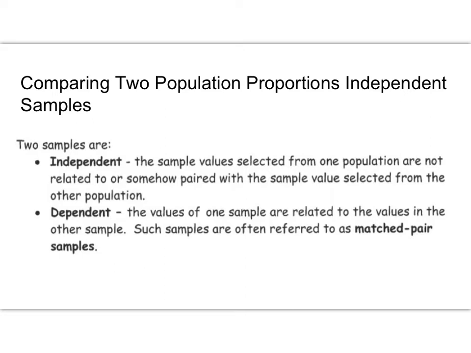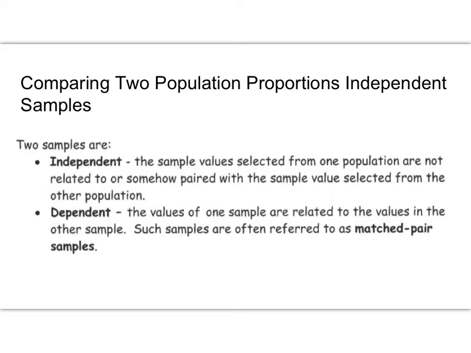All right, so now we're going to compare two population proportions, and we're going to compare independent samples. It looks like I put the wrong notes into this slide. I really wanted to talk about the assumptions, so I'm just going to go ahead and talk about them even though they're not here. They should be on your notes.